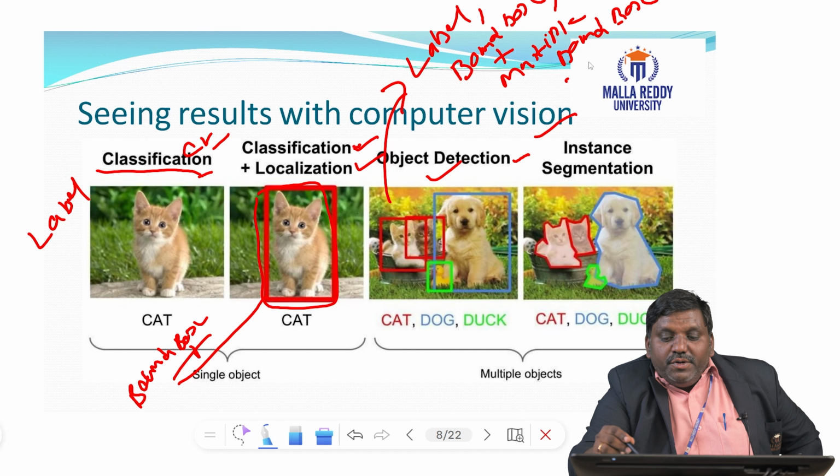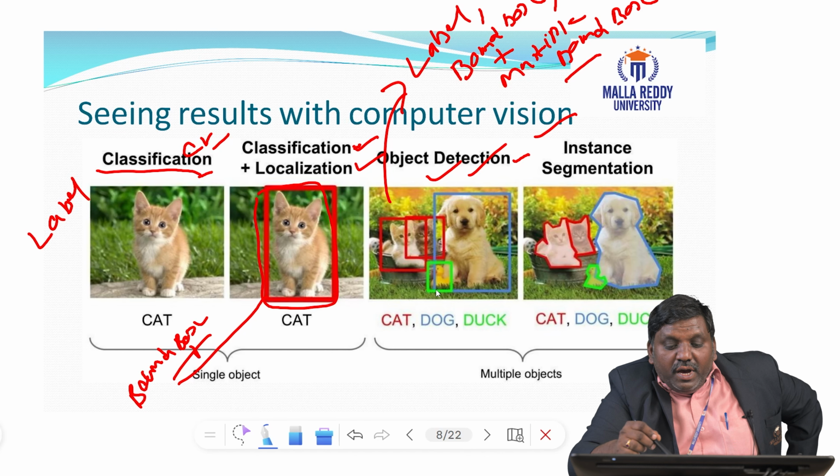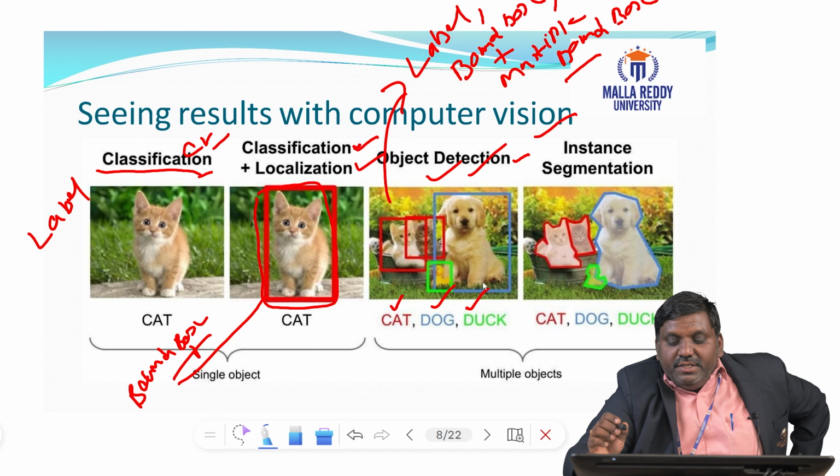In order to find out these multiple bound boxes, you go for the concept of object detection. So the output will be: two cats are there, and it gives the common name cat. One dog is there, and it gives the common name dog. Then one duck is there, and it gives the common name duck.